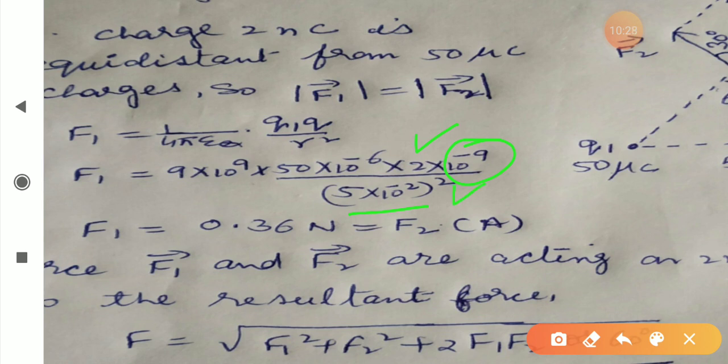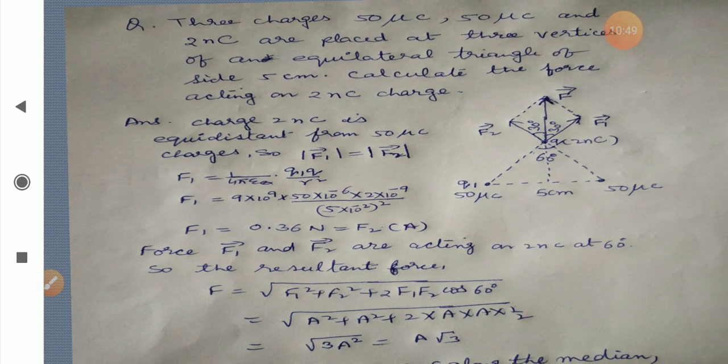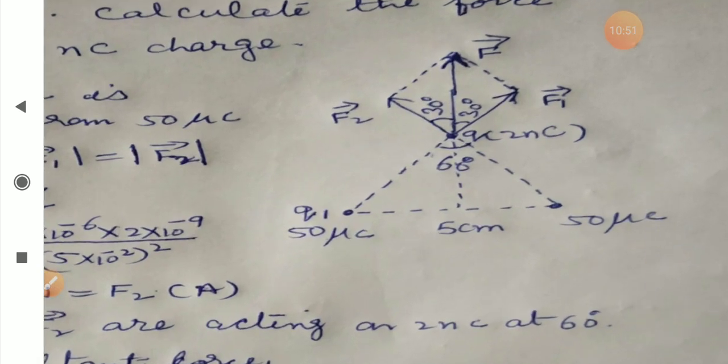So putting all these values and simplifying, you get F1 is equal to 0.36 Newton, and this F1 is equal to F2 only, same magnitude, right? So now we have two forces F1 and F2, and again let us look at this diagram. F1 and F2 are acting at 60 degree.